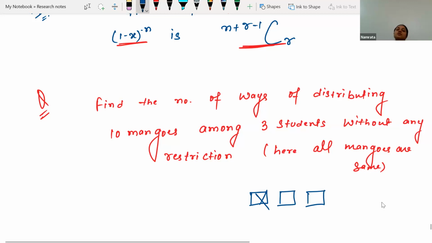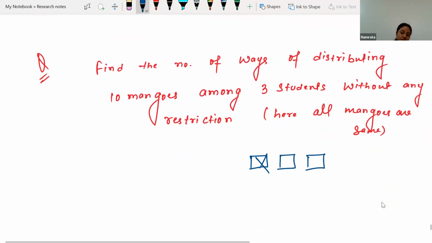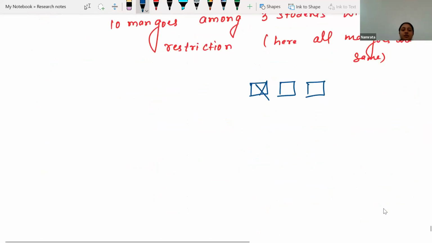So here we are going to use a certain process, a certain formula. First, let me write what the possible cases will be.